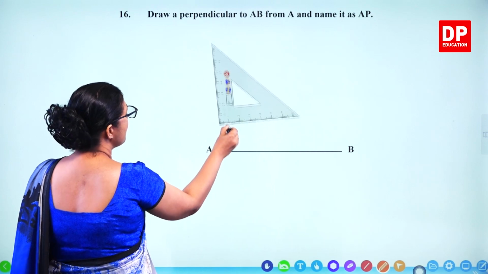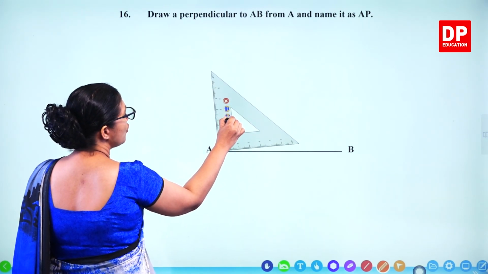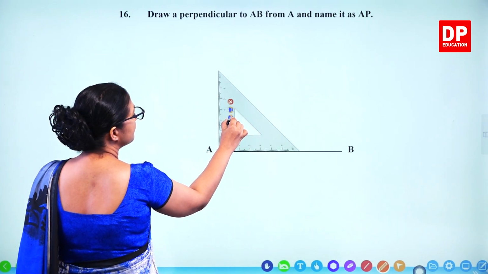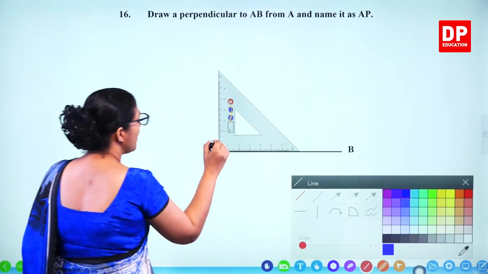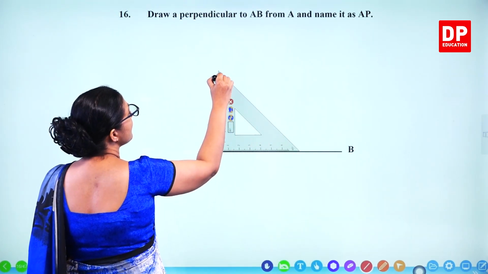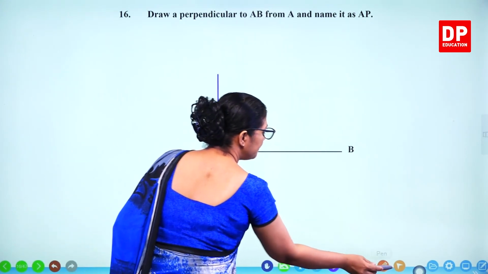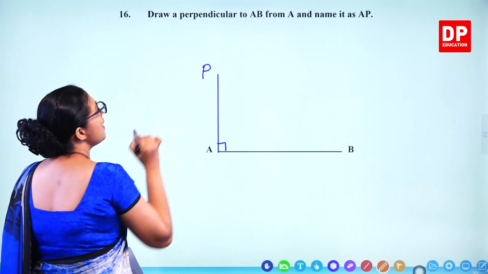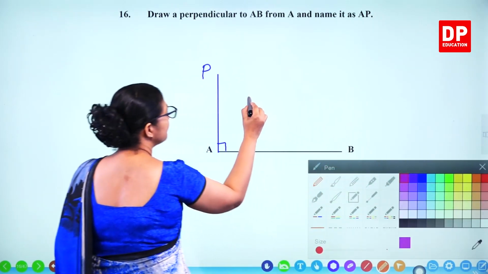You keep the set square on top of the line, and then you can draw the perpendicular. So this is the perpendicular to AB, and name it as AP. So you get 2 marks.